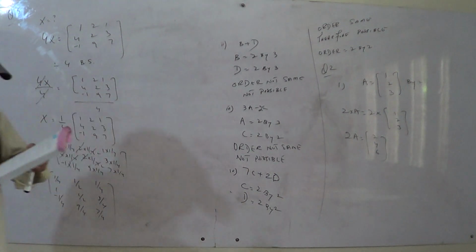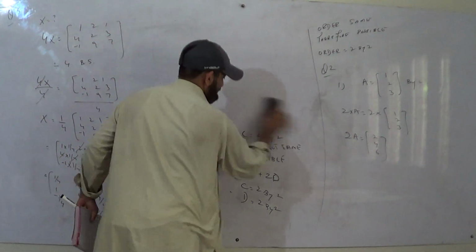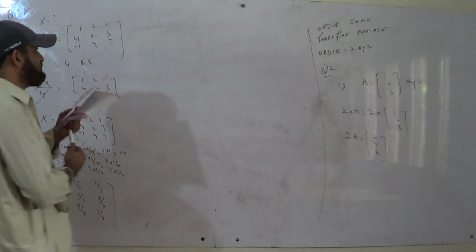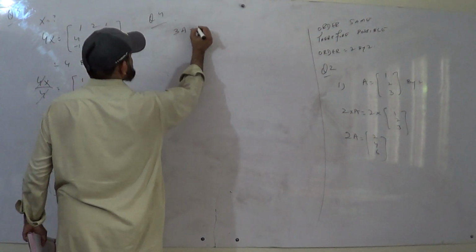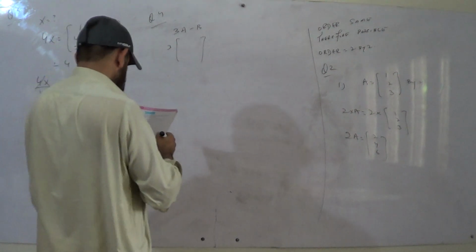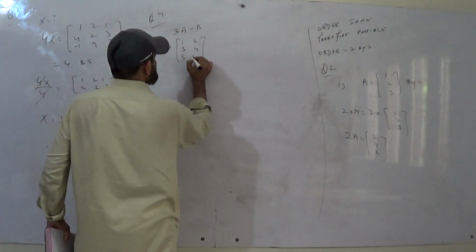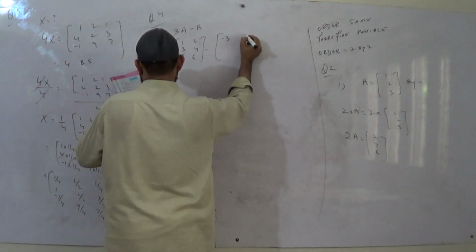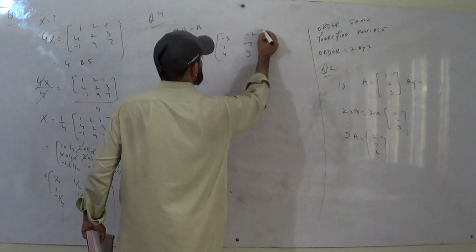Now we do question number 4. Question number 4 is 3A minus B. The value of A is 1, 2, 3, 4, 5 and 6, minus the value of B, which is minus 3, minus 2, 1, minus 5, 4 and 3.